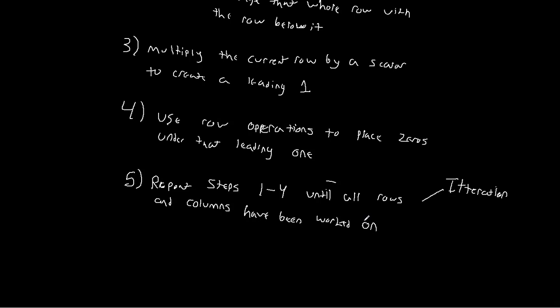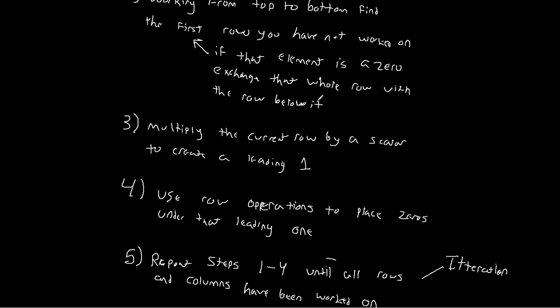If we did this correctly, we should now meet the first 3 criteria of reduced row echelon form. The first non-zero element in every row should be a leading one.